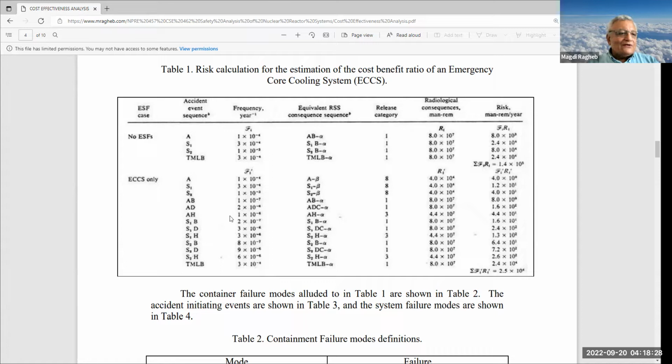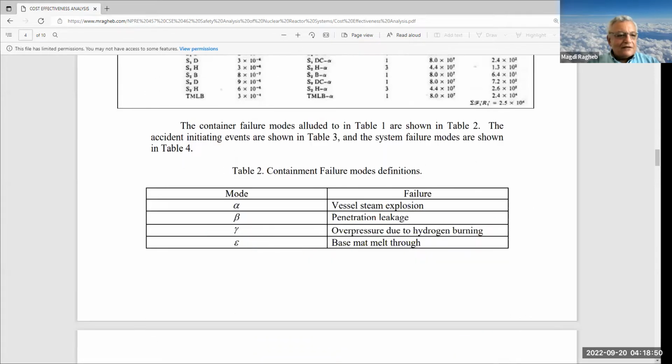And when you add all those risks by adding the safety feature, you get 2.5 10 to the 4th, which is less than 1.5 10 to the 15th. So even though you added more different sequences to the whole system, you have reduced the overall risk. So that is the concept of the cost-benefit analysis.